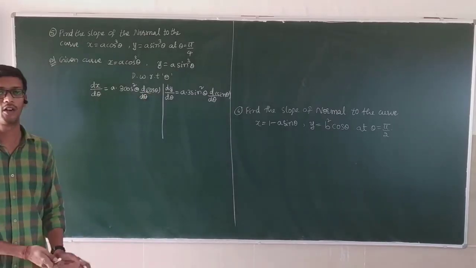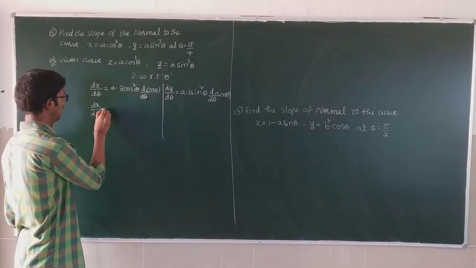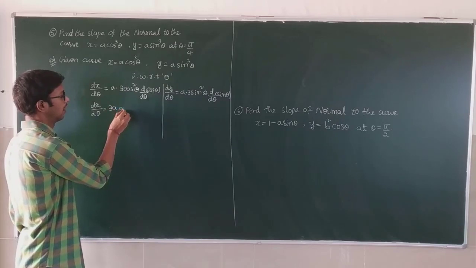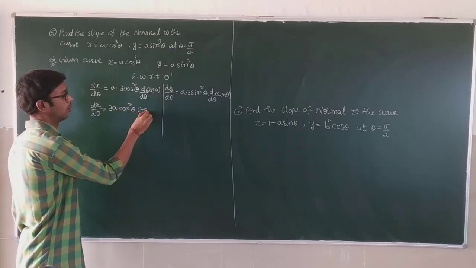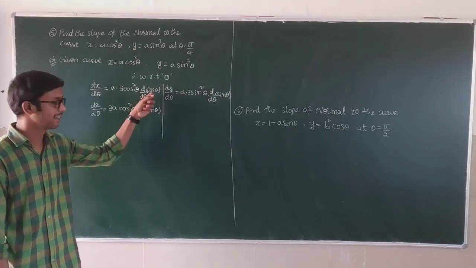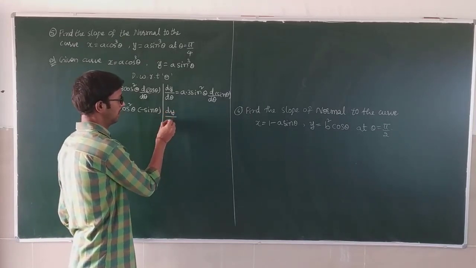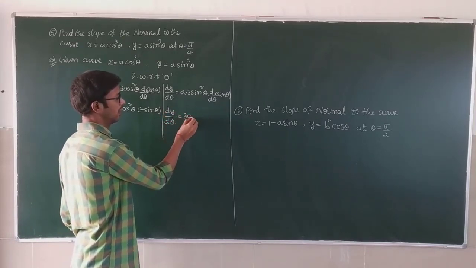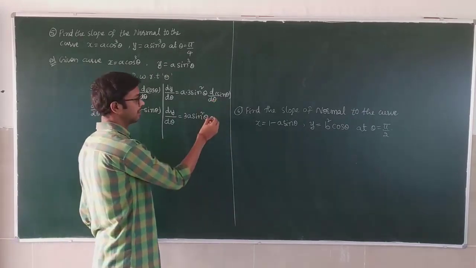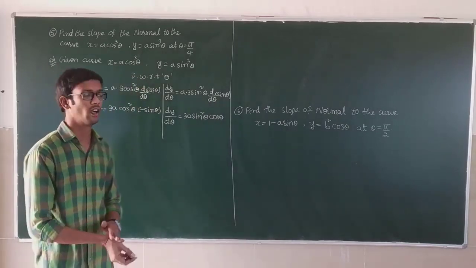Now dx by d theta is equal to 3a cos square theta into minus sin theta, since the derivative of cos theta is minus sin theta. Next, dy by d theta is equal to 3a sin square theta into cos theta, since the derivative of sin theta is cos theta.